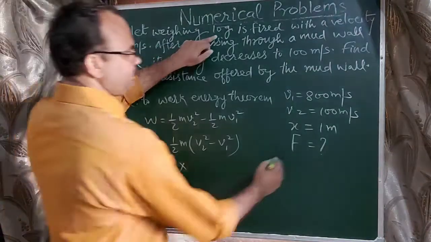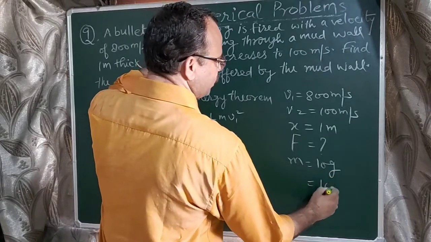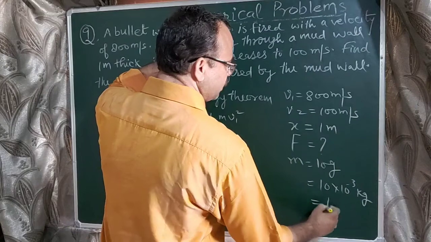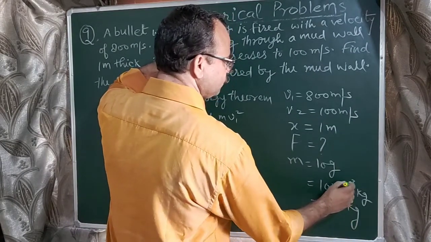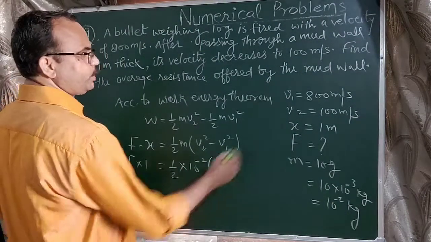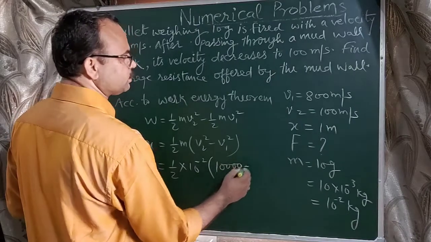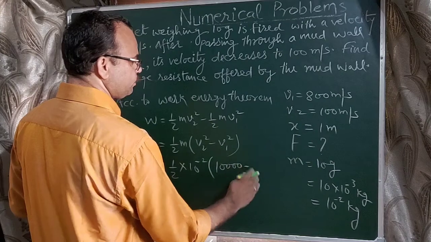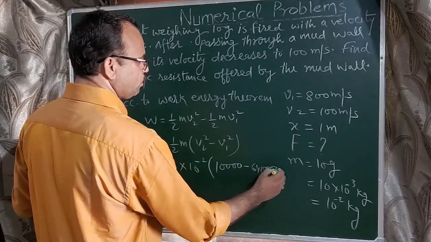Bullet means m equals 10 gram. As we know that 1 gram equals 10 to the power minus 3 kilogram, it means 10 to the power minus 2 kilogram. Okay. So 10 to the power minus 2. Here V2 square is 100 square, 10000, minus V1, which is 800 square, 640000.